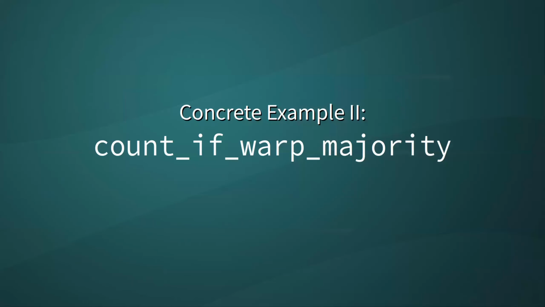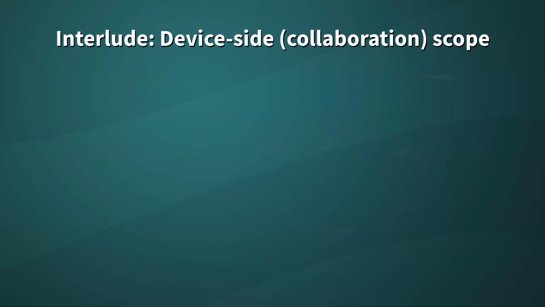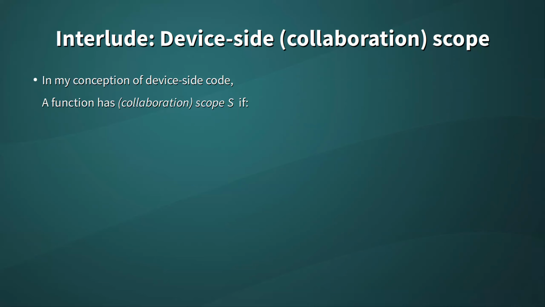And now we'll go on to a second kernel that I want to show you, or rather a second function that I want to show you. Before we actually have a look at that function and explain why I called it warp majority, I want to talk about a concept that you see in CUDA KAT, and that I happen to employ in device-side code that I write, and that's the concept of a collaboration scope.